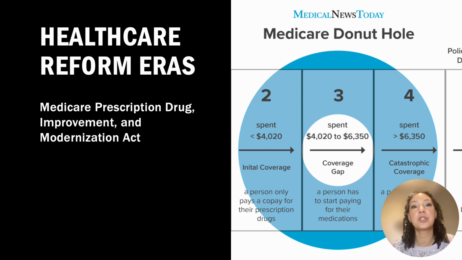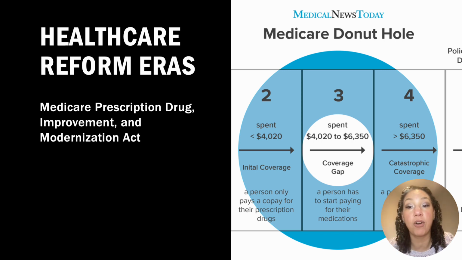So the donut hole was a lot simpler in George W. Bush's days with that initial act. It was when you were spending in between $4,020 and $6,350, you were responsible for paying for your medications in that donut hole.